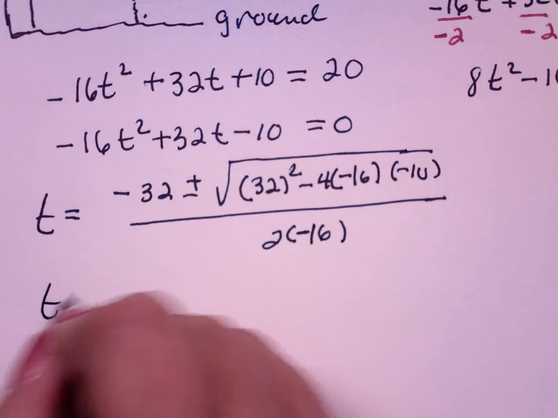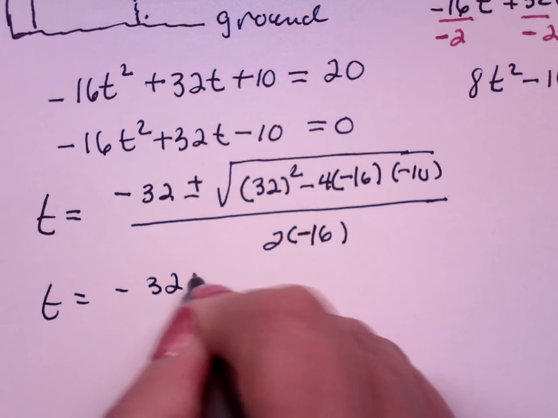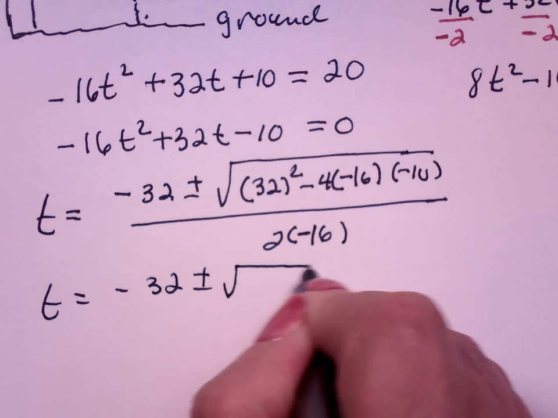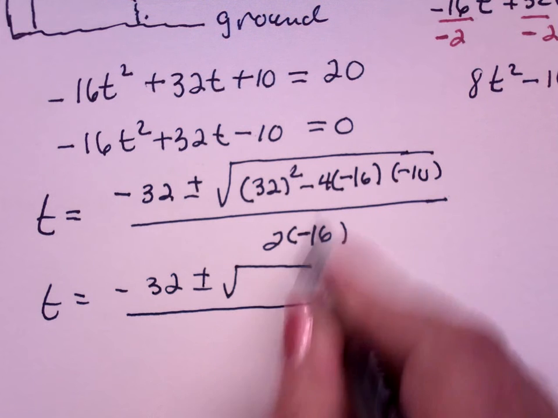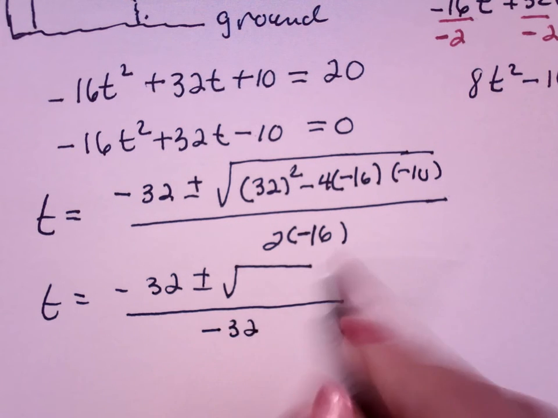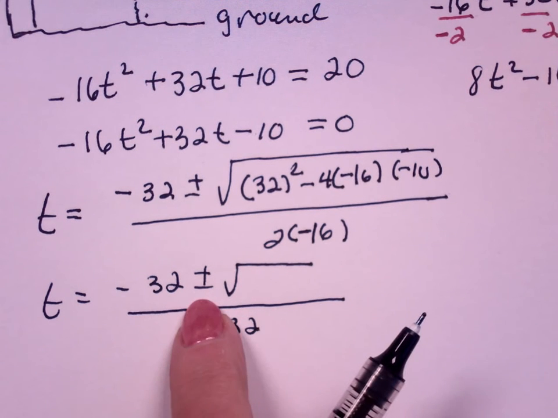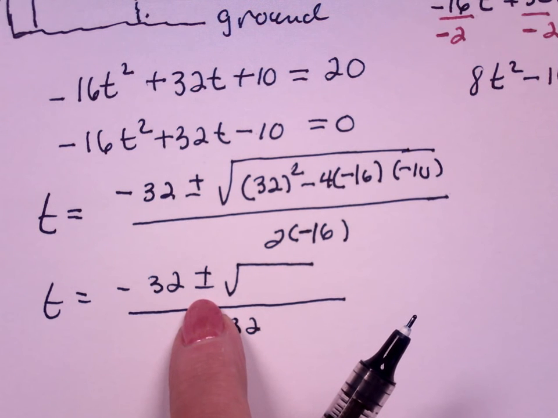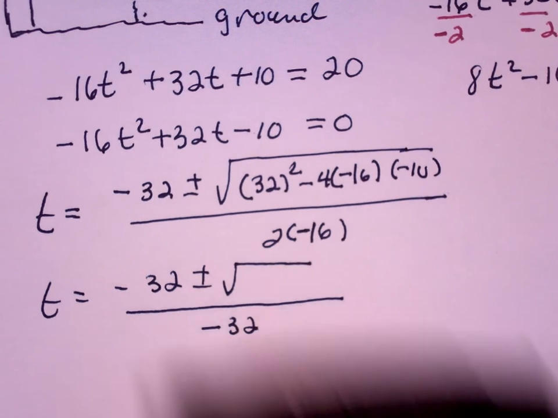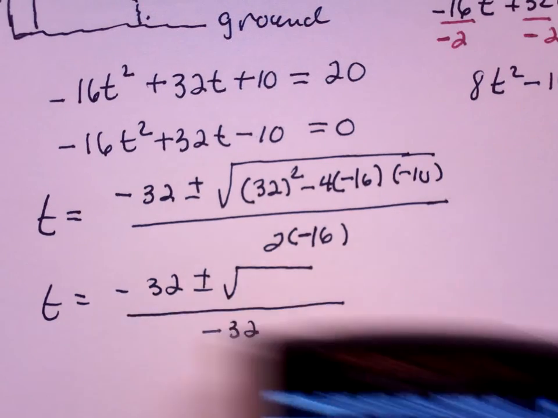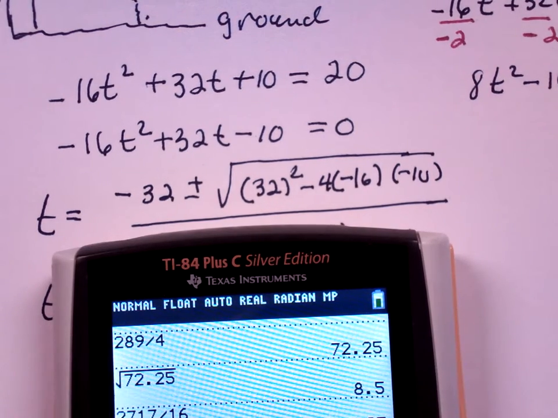So that t is negative 32 plus or minus, I'm going to go after that stinking radical, and this is going to be over negative 32. Now, can I cancel the negative 32's out? No. Why? Because they're connected with the addition and subtraction. Would be nice.